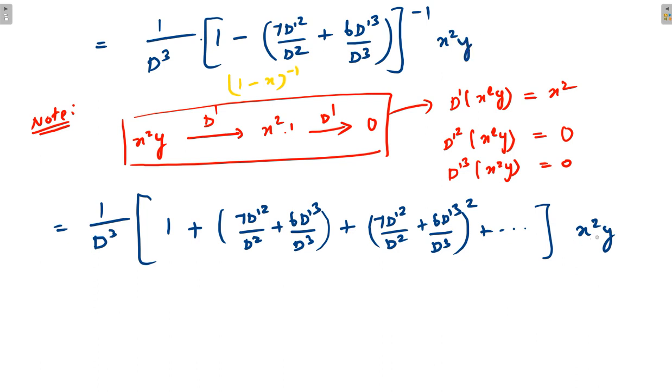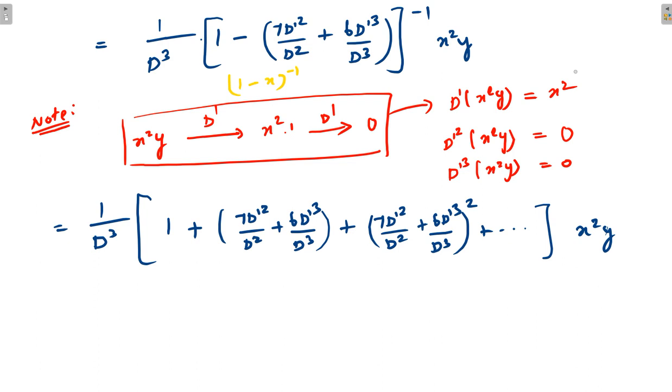Now suppose you multiply in the numerator, this term is going to be multiplied in the numerator. Before multiplying, try to check the terms in each expression. So here, except the first term, the remaining terms have D' squared and higher powers. That means D' squared of this term is going to be 0. D' power 3 of this term is going to be 0.